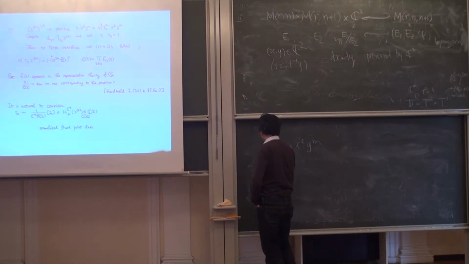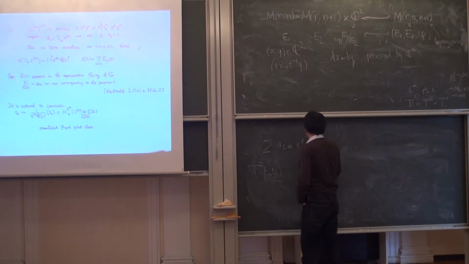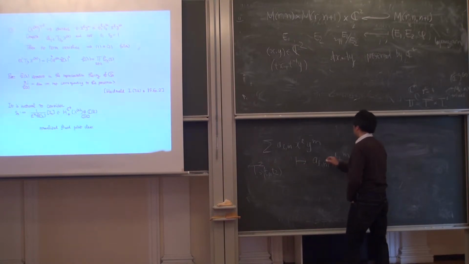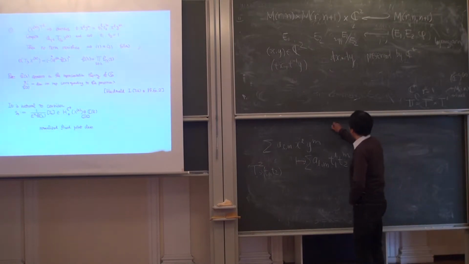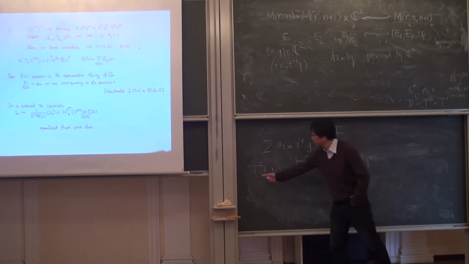So if you consider T1, T2, then a monomial a_{L,M} x^L y^M is multiplied by T1^L T2^M, right? Suppose you have a monomial ideal I, which is fixed by this torus action.